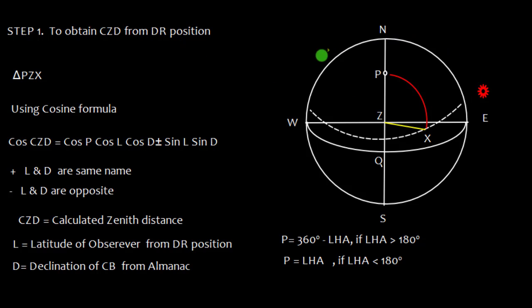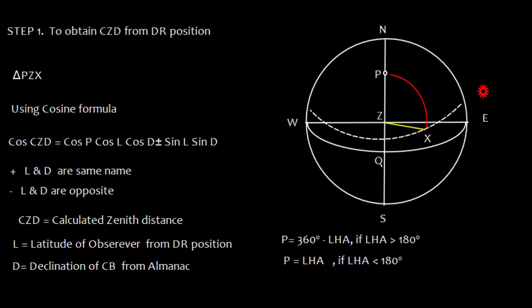So we have this rational horizon diagram where this is east, west, north and south. Well, the observer is at Z, at the center. So WQE is the equinoctial, and suppose this is the declination.